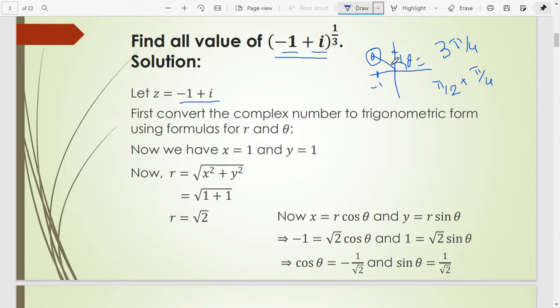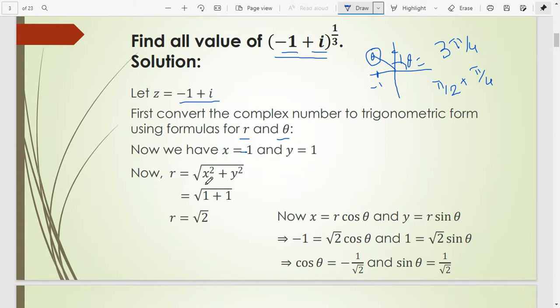We saw it graphically. Now first convert the complex number to trigonometric form using the formula for r and theta. Here z is equal to x plus i y, so x is equal to minus 1 and y is equal to 1.